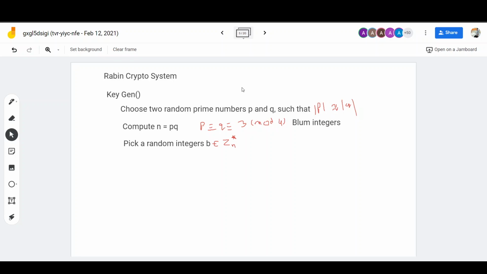From this cyclic group only you need to select this particular b value.